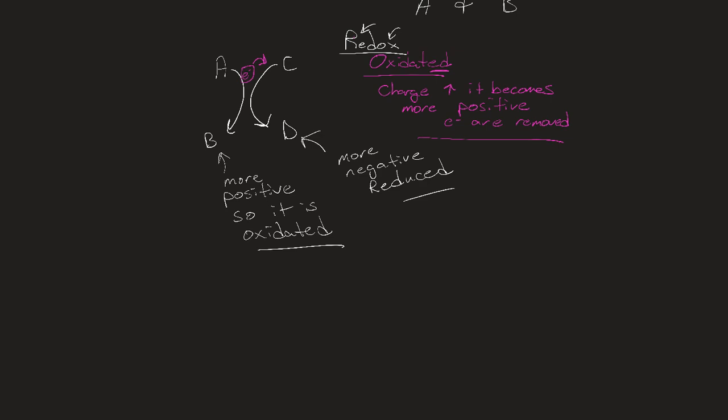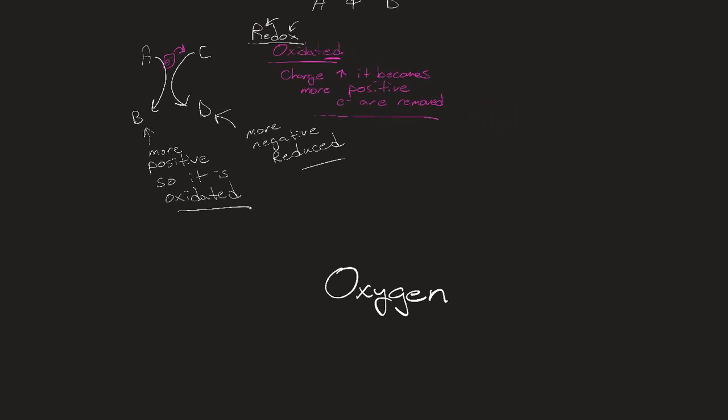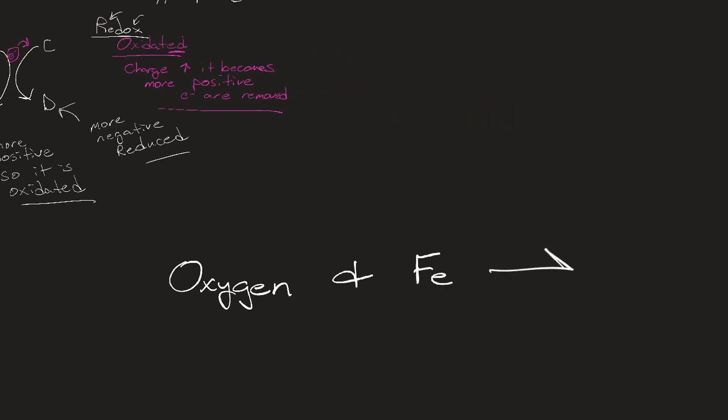So that's where, in fact, the first oxidizer that I know of that was known was oxygen, and we see it every day, especially now in the winter, with iron that forms iron oxide, and that's rust.